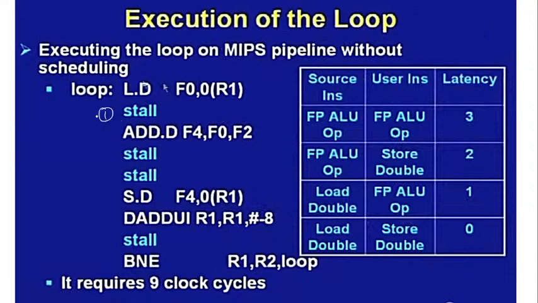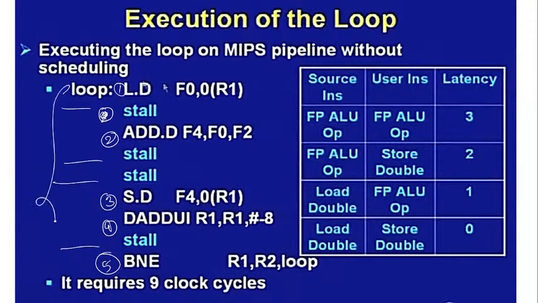In total, how many instructions are there? One, two, three, four, five instructions, and the delays are 1, 2, 3, 4. So to execute this particular loop in one iteration, it takes 9 clock cycles including the delay.